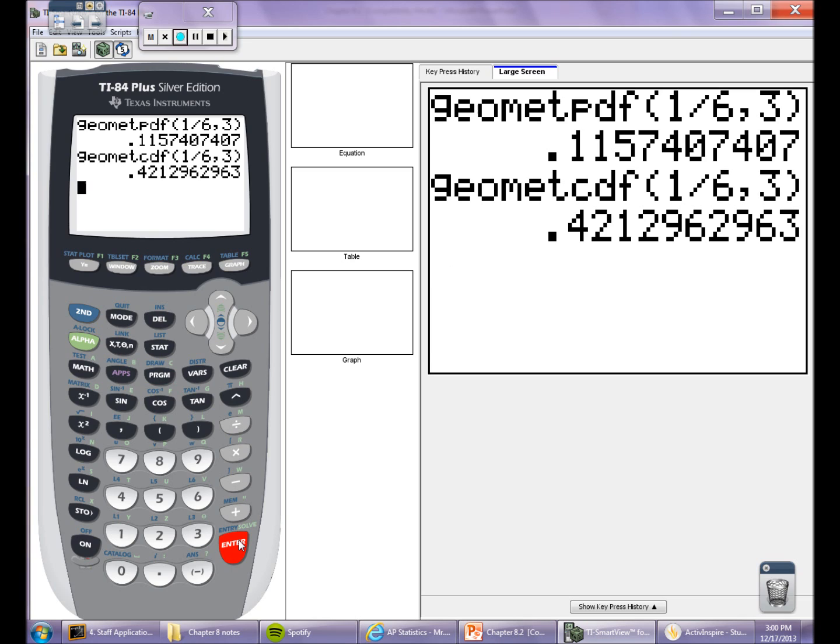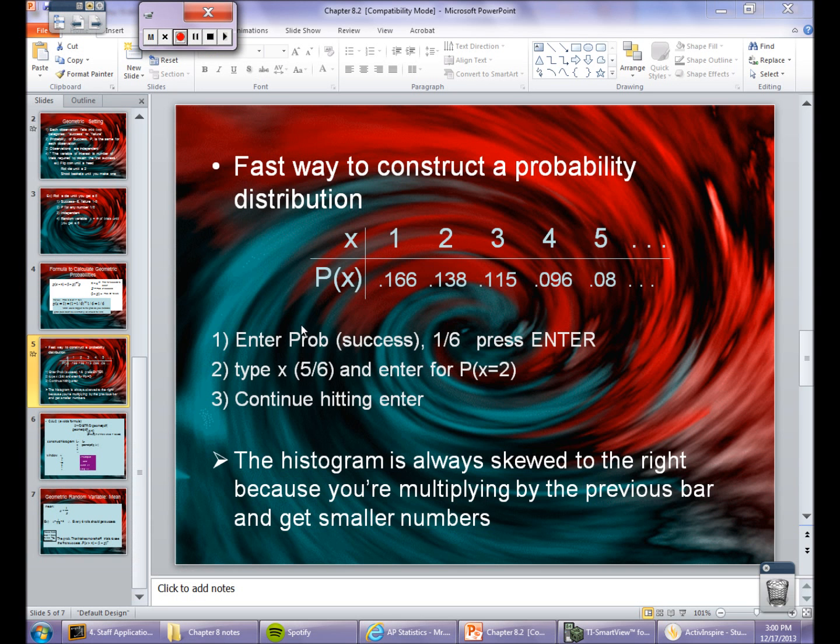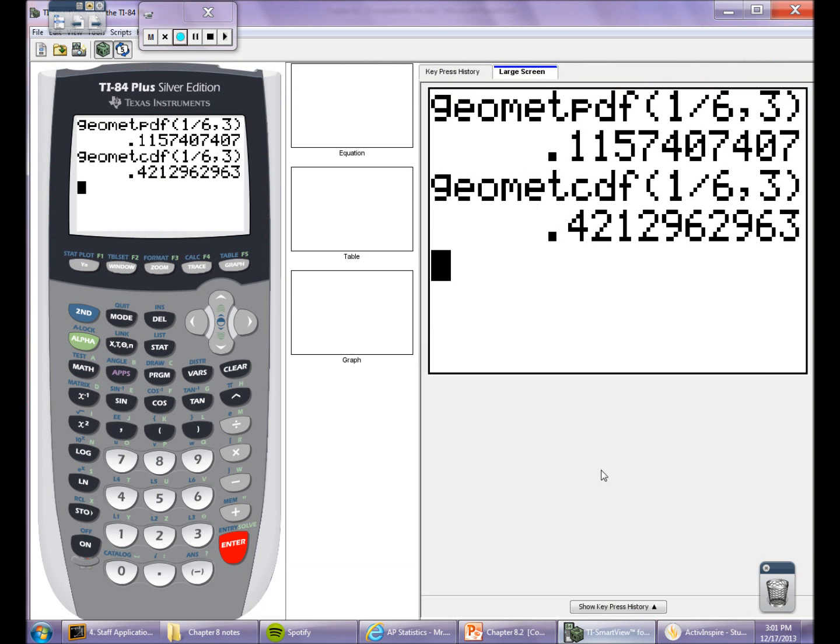It's the summation of the first 3 probabilities on the probability distribution, which can be seen here. 0.166 plus 0.138 plus 0.115 will equal 0.4212. So the probability of success on the third roll, exactly 11.5%. The probability of success within 3 rolls, 42%.